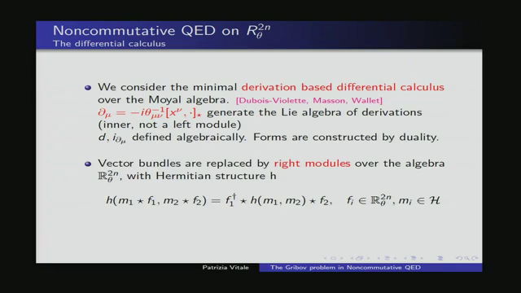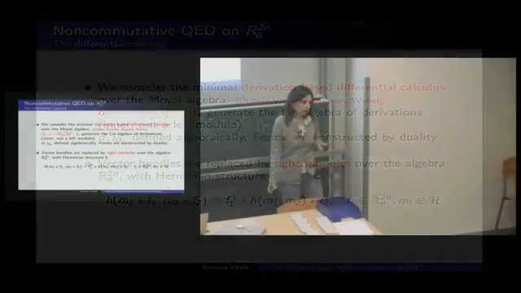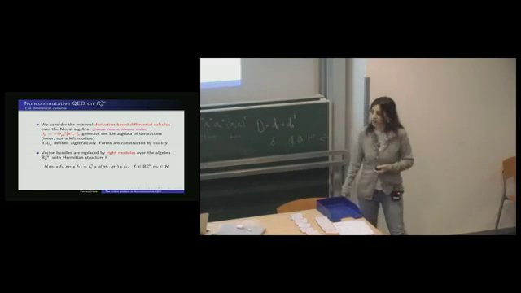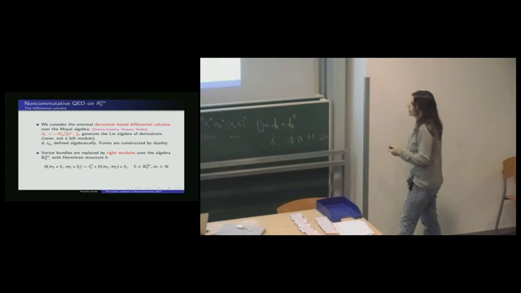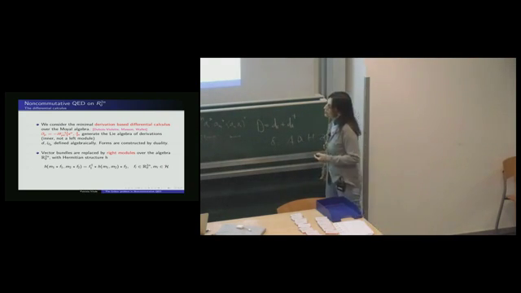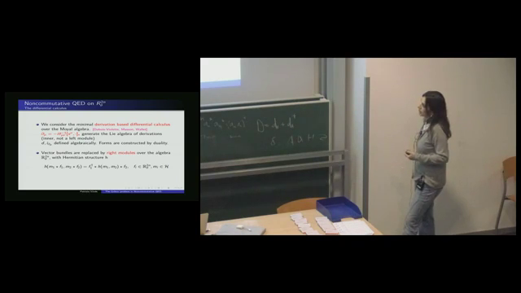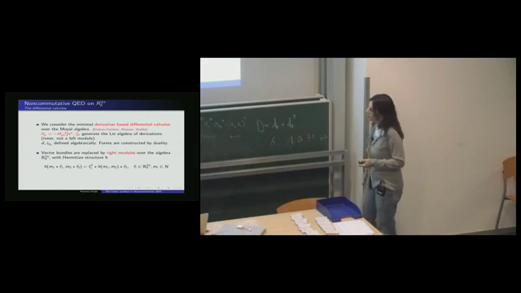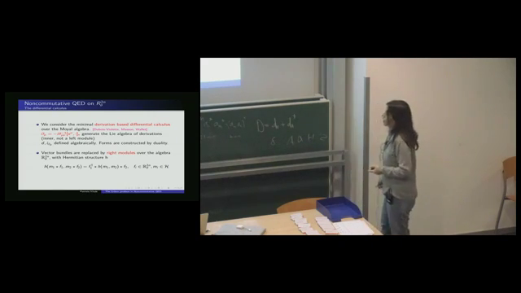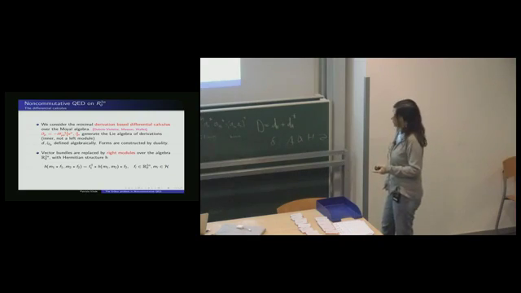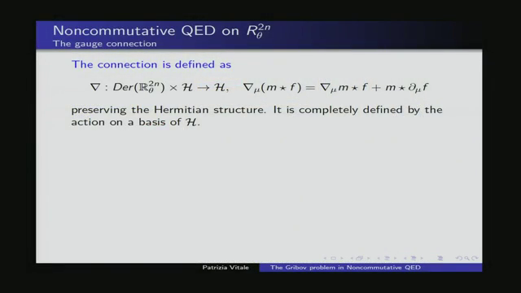What happens to vector bundles of matter fields? Vector bundles of matter fields are replaced by right modules over the algebra. We have a Hermitian structure. M are in the module, F are in the algebra. And I define a connection.